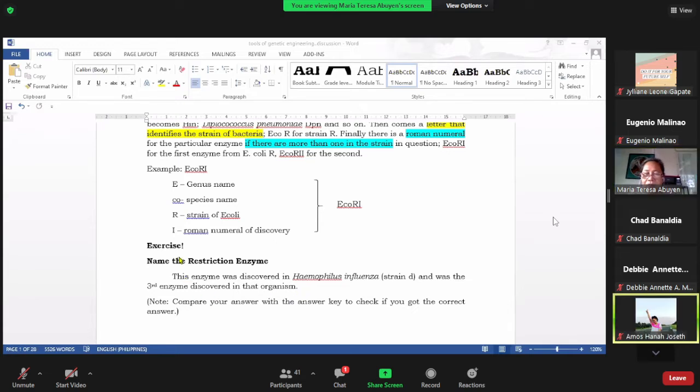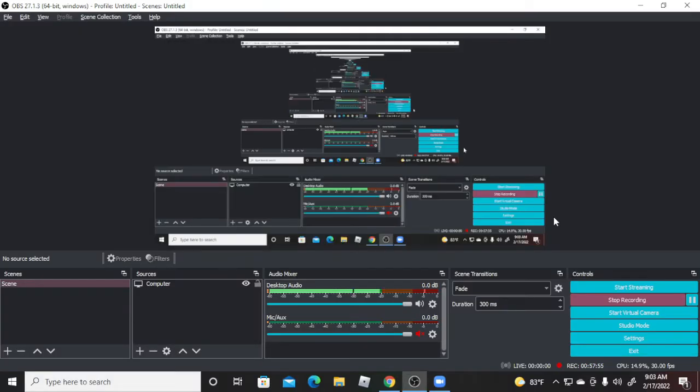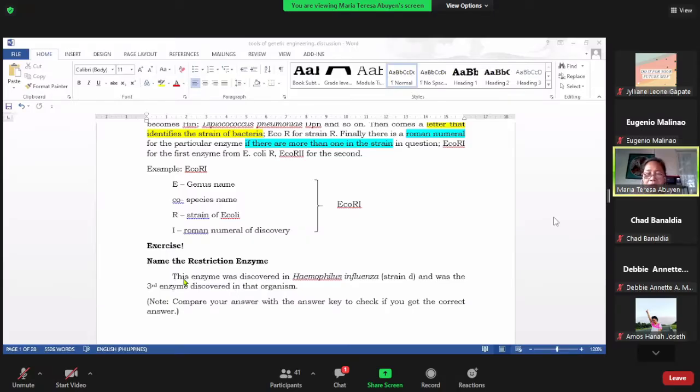Haemophilus influenzae strain D, and the third enzyme discovered in that organism. So how will you write it?